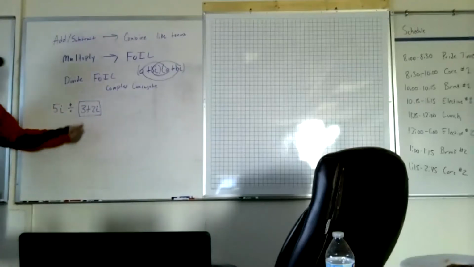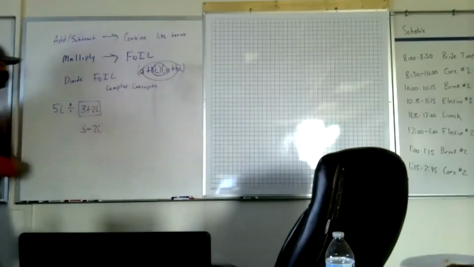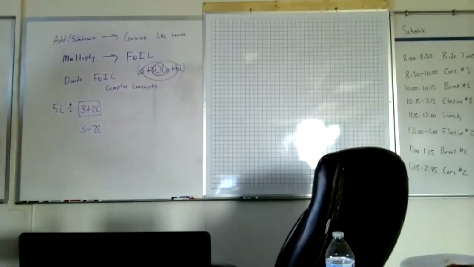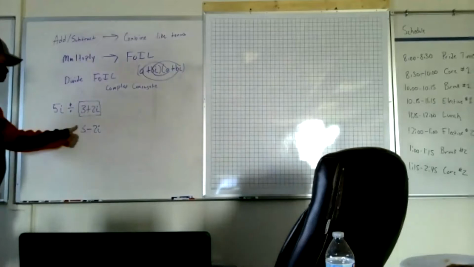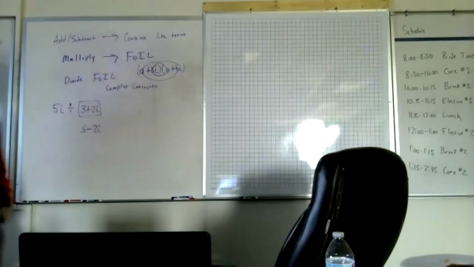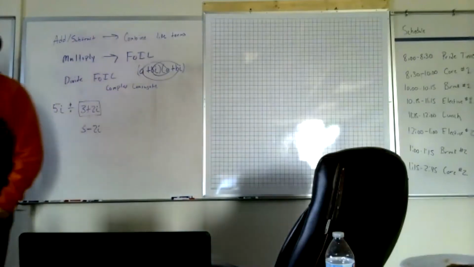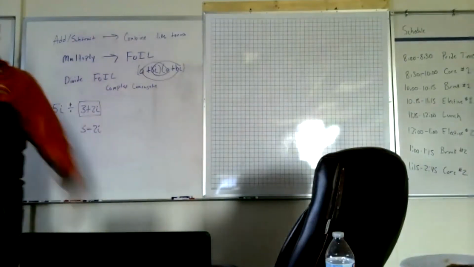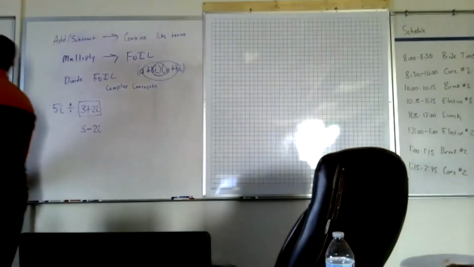The complex conjugate of 3 plus 2i is 3 minus 2i. Once we multiply that through using FOIL, you end up with a whole number or a real number in the denominator. There is no imaginary unit once we're done, except in the numerator.